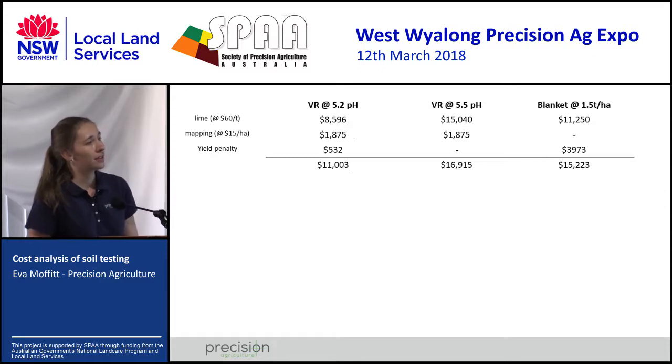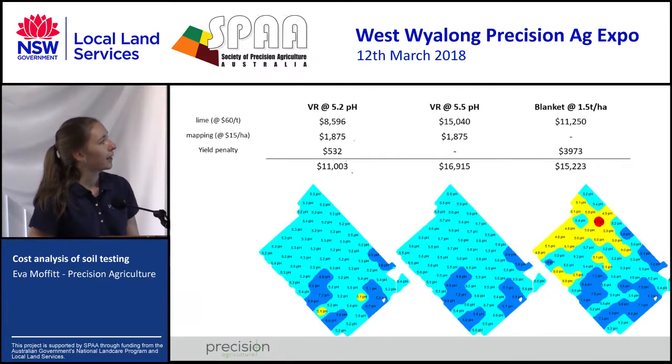But the other thing to consider is what have we actually ended up with from that management practice. So this is a theoretical pH after each of those applications. So our variable rate pH maps are reasonably similar, except the 5.5 has obviously all those areas getting to around 5.5, 5.6, whereas our VR 5.2 target is only getting to around 5.2, 5.3.